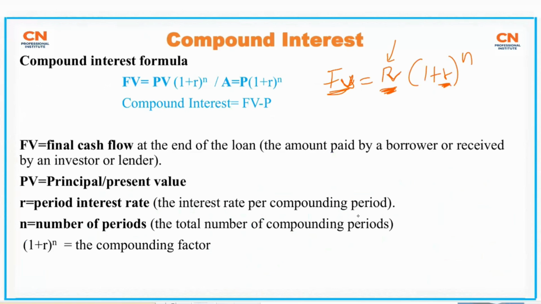That's why we're saying the future value is the amount at the end of the period, and this present value is the principal. Don't forget the 1 plus r. The interest will be the future value minus the present value, or the future value minus the principal.